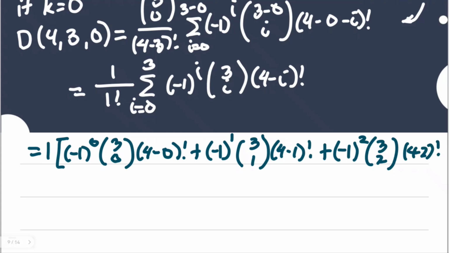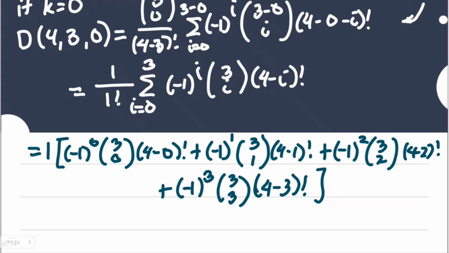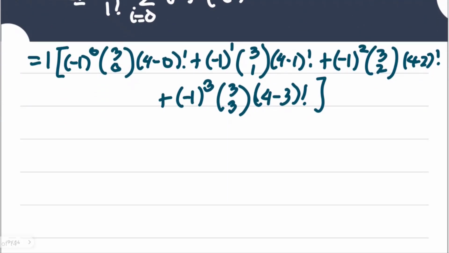We are not yet done because we need to end at 3. So we have plus -1 cubed, 3 combination 3, 4 minus 3 factorial. These are all multiplied by 1, so you can simply have it as separate terms already.